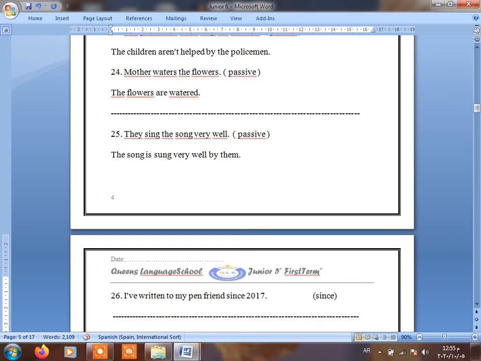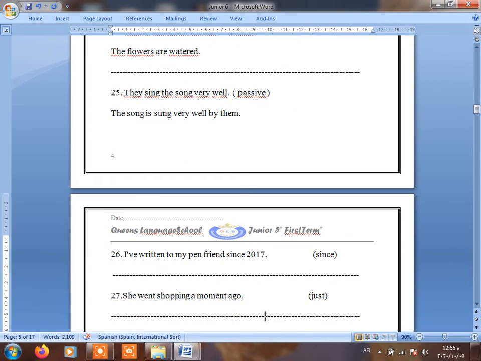Okay, so number 27. She went shopping a moment ago. So just means I use it to describe an action that happened a short time ago, like 2 minutes ago, or 3 minutes ago, or 5 minutes ago. So of course, when I rewrite this sentence with just, I have to erase or cancel anything that has the same meaning.